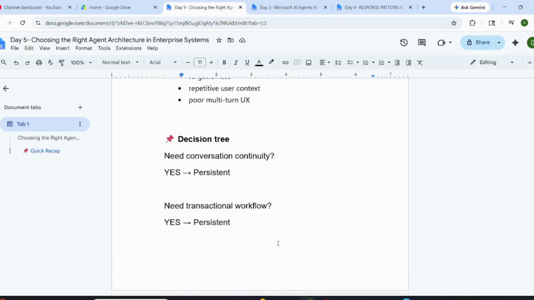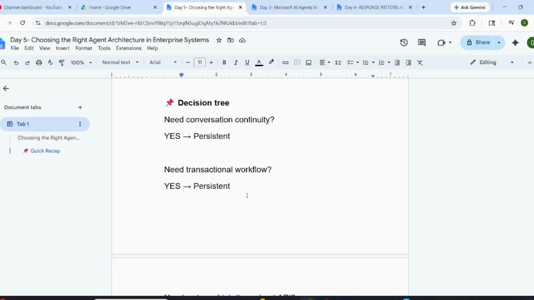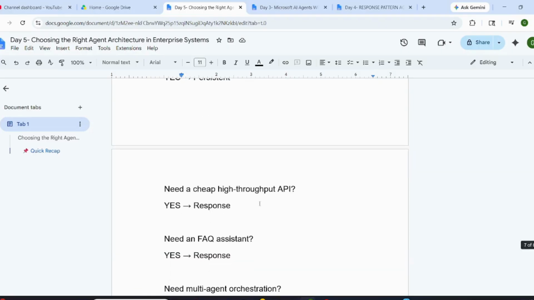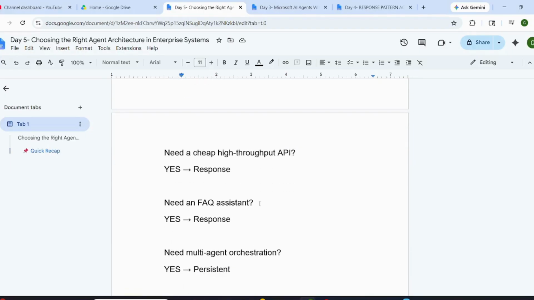Decision tree: you want to continue the conversation, say for example on Amazon, where you are having a conversation about your orders and want to keep the session. Then persistent is better. For a transactional workflow where you are sending money or anything, persistent. But if you want a cheap, high-volume response API, then the response pattern is better.